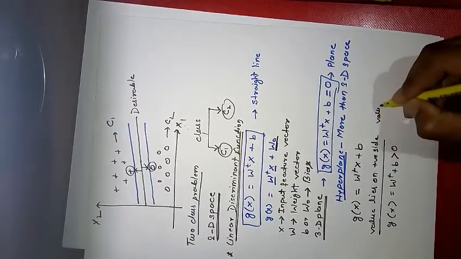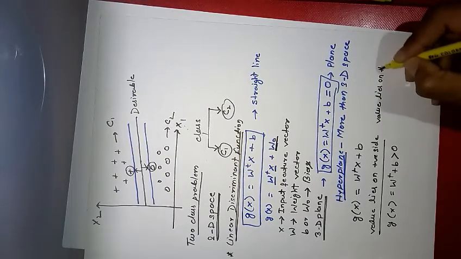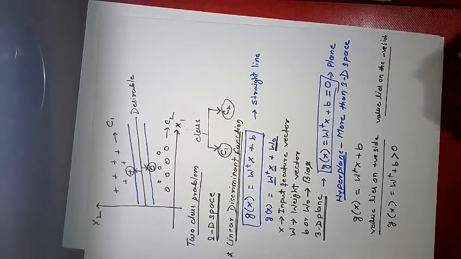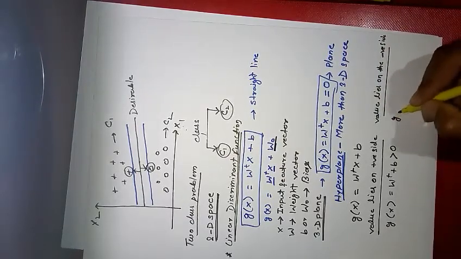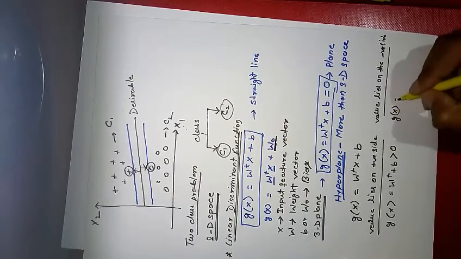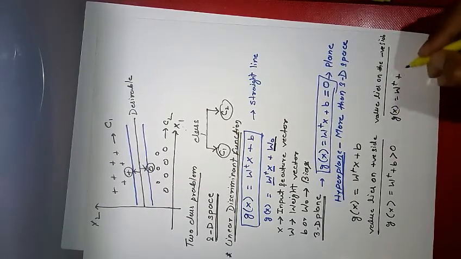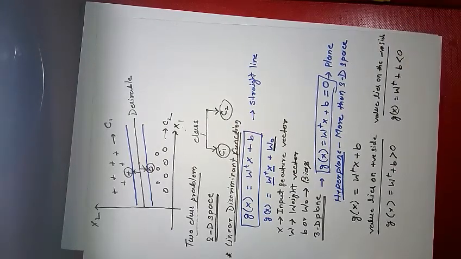If the value lies on the negative side, then what happens? This equation becomes less than 0: g of x equals w transpose x plus b is less than 0.